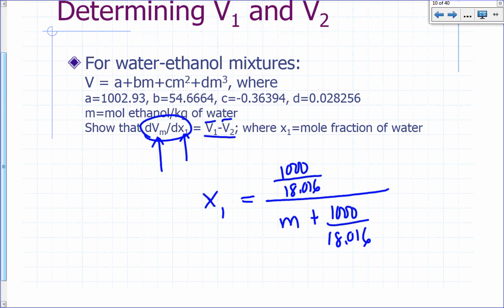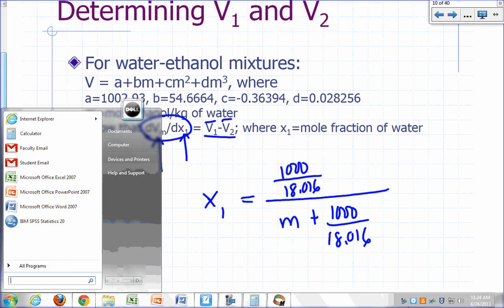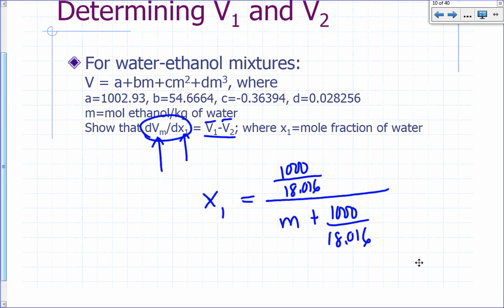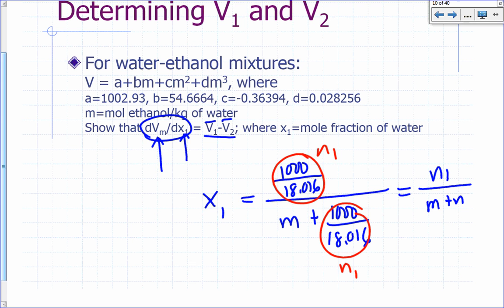That's our x1. Okay, let's continue. Let me just rewrite this as n1, moles of component 1, to make things easier to read. So this is going to be equal to n1 over m plus n1.